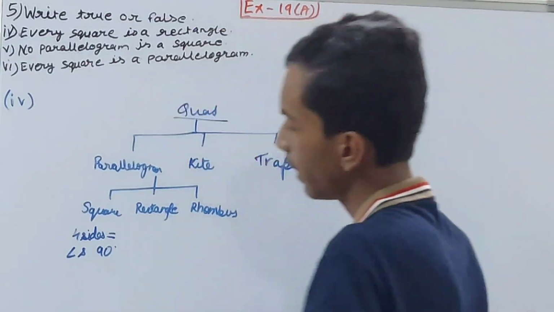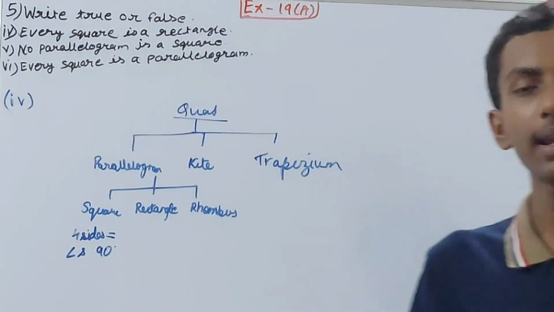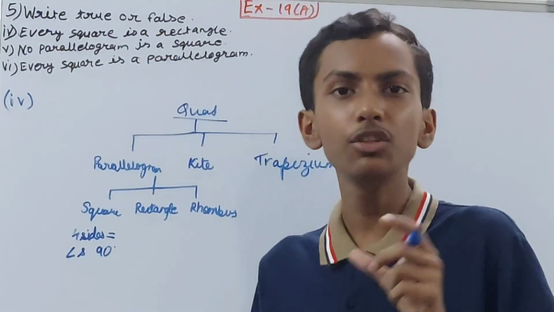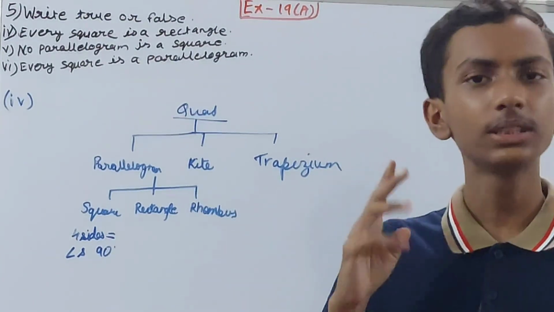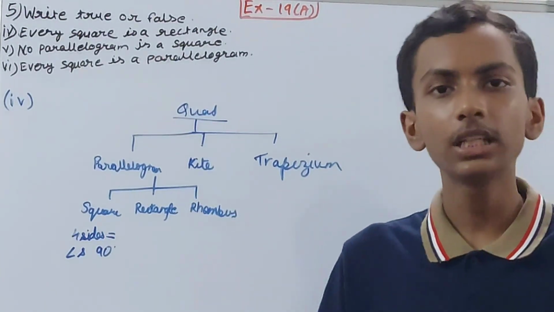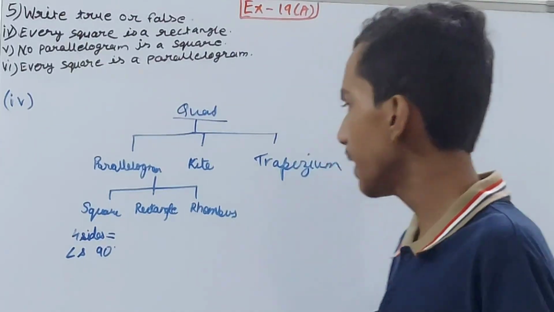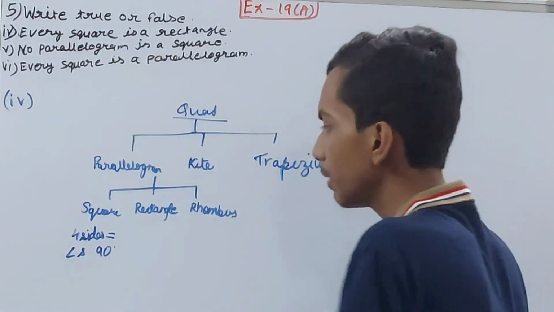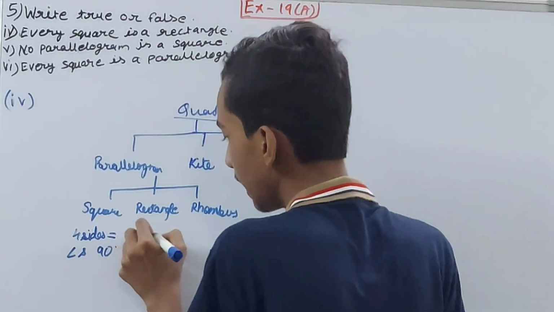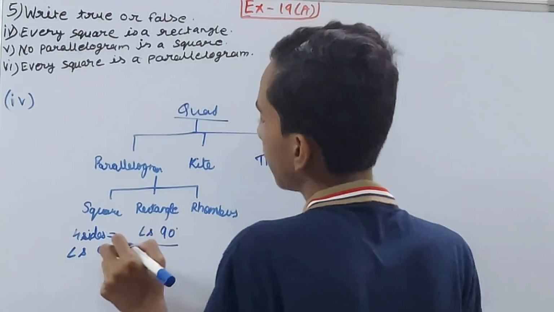If you want to write the square in terms of a rectangle, then you should say a rectangle with all four sides equal is a square, because a square has mainly these two characteristics. In a rectangle, what is the thing? Only angles at 90 degrees at the corners.